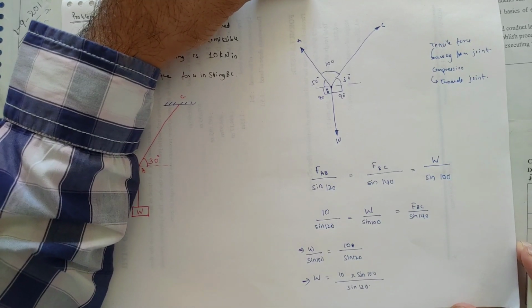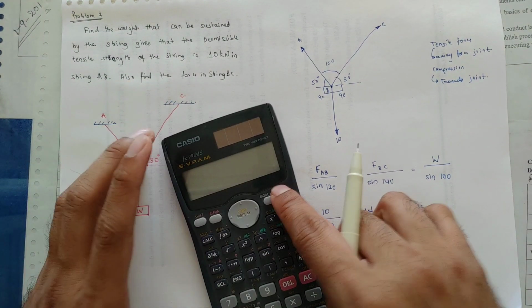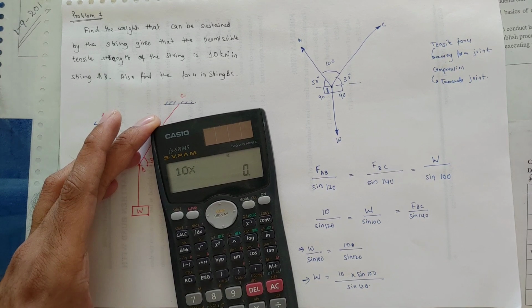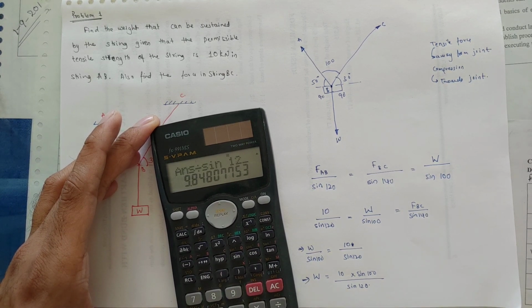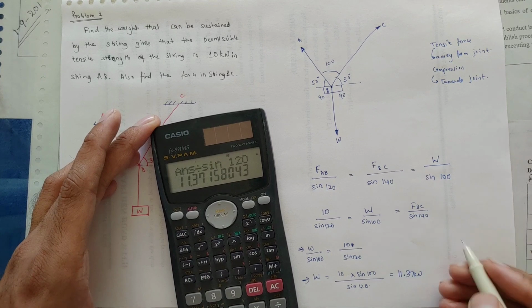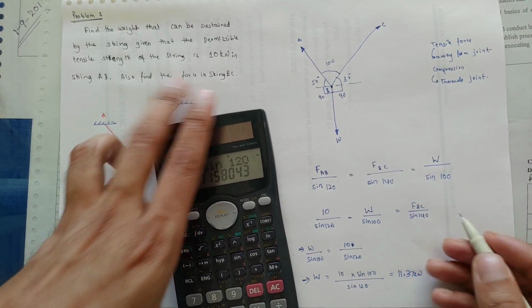Okay, so let's calculate how much we get: 10 into sine 100 divided by sine 120. We get the force as 11.37 kilonewton.